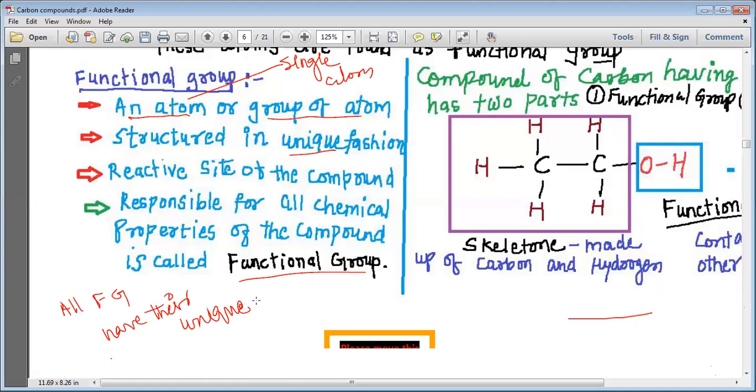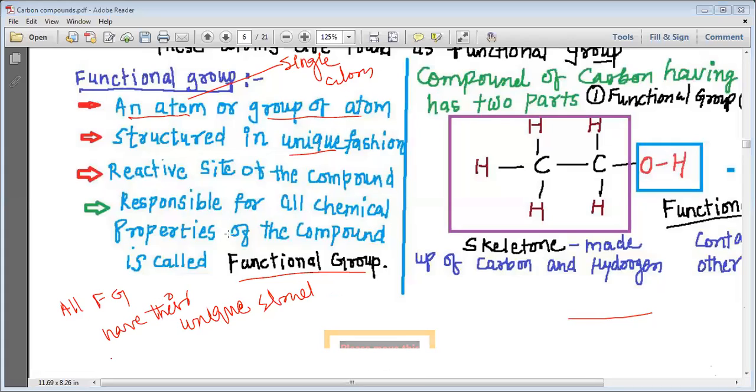Please note down. And this unique structure is not similar to each other. So the unique structure of each functional group is not the same as that of another functional group, my dear students.